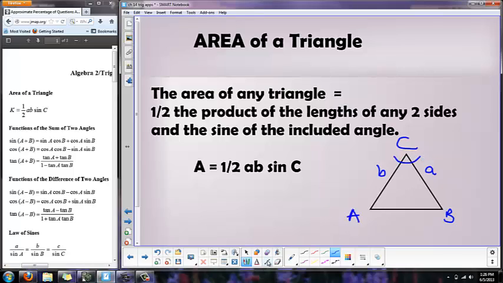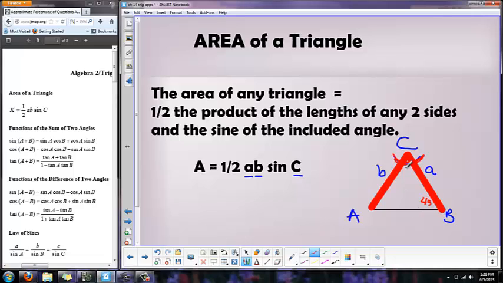So in order to use this equation, again, forget about the A's and the B's and the C's and where are they in my problem. In order to use this equation, you have to have side, angle, side. Okay? That's the only time that you're allowed to use this, side, angle, side. If a question tells you side, side, and then it's telling you the angle down here, you can't use those to figure out the area.